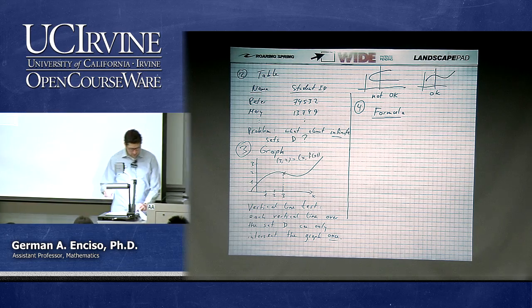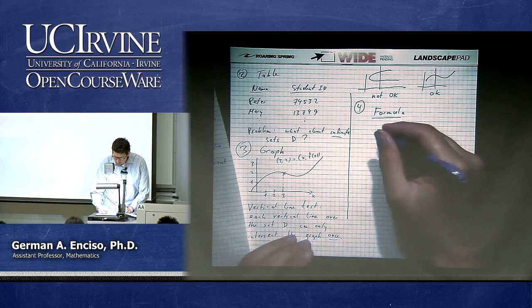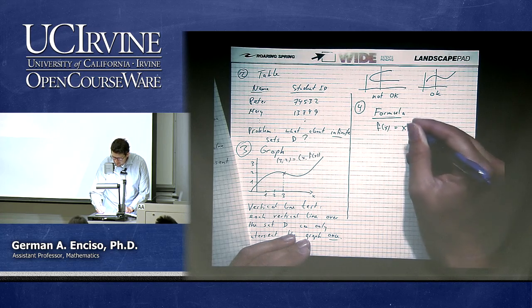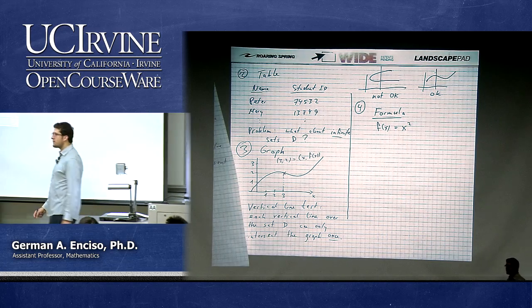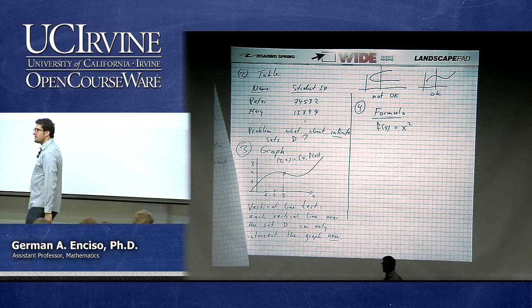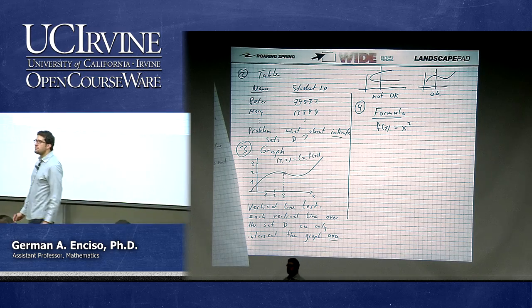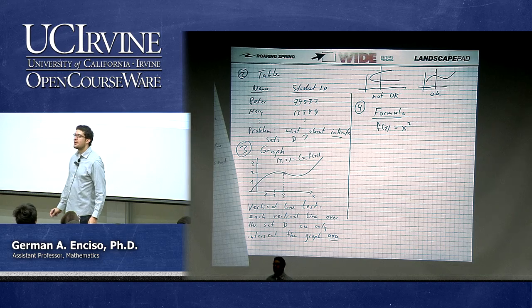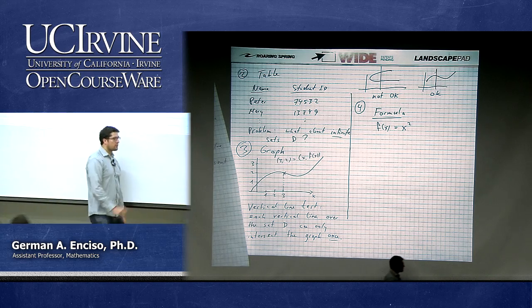For example, if you write the equation f of x equals x squared, what does that mean? Yes, and that value is what? Right, that's right. So, very good point.